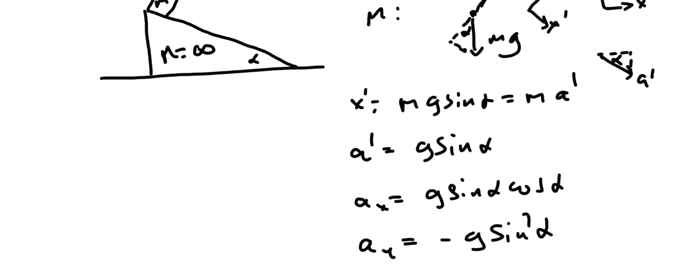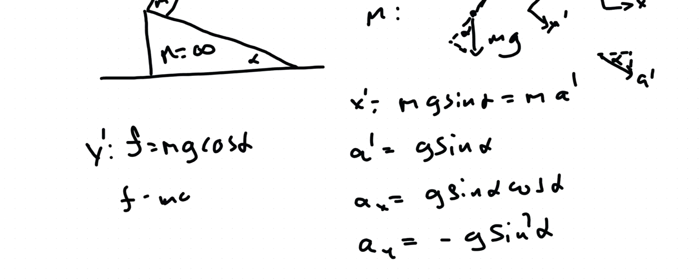The other equation of motion, the y prime equation, I didn't use, but just to make everything complete, the normal force has to be mg cosine alpha, because N minus mg cosine alpha equals 0, with no acceleration in the y prime direction.